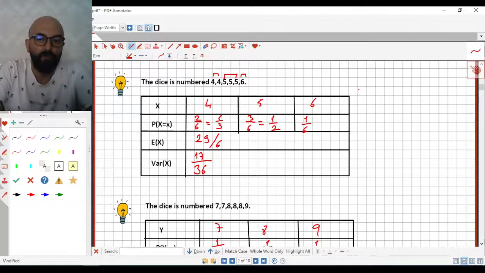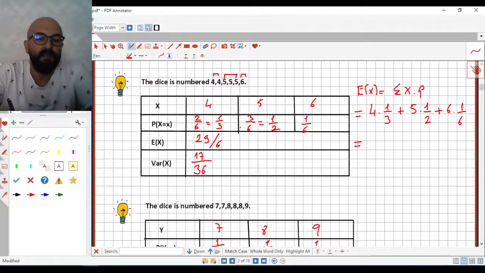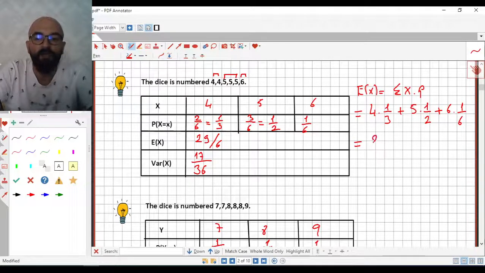For the expected value, we should find the sum of all x multiplied by their probability. So the expected value is 4 multiplied by 1 over 3, and 5 multiplied by 1 over 2, and 6 multiplied by 1 over 6. And I found the expected value 29 over 6.